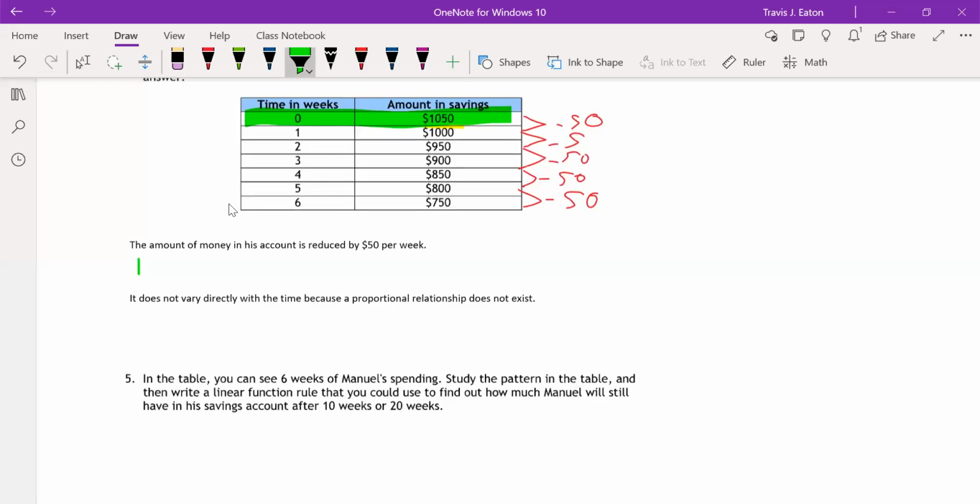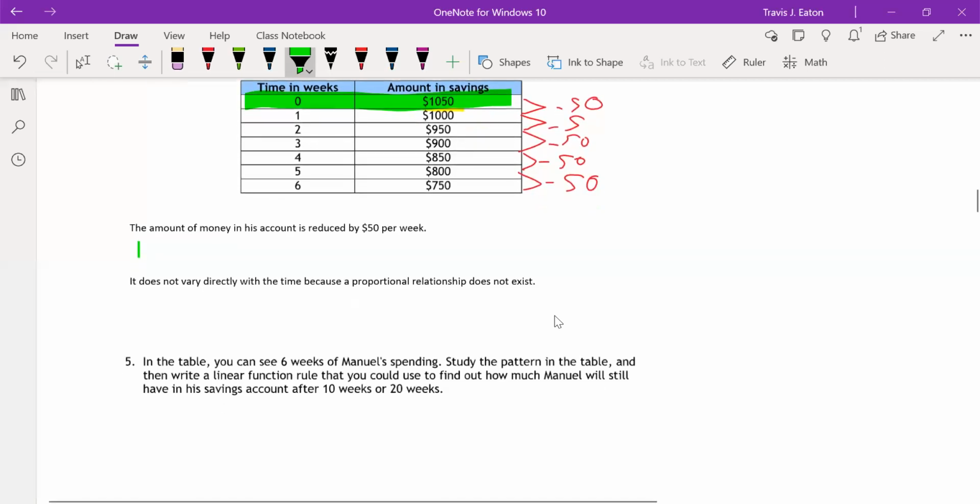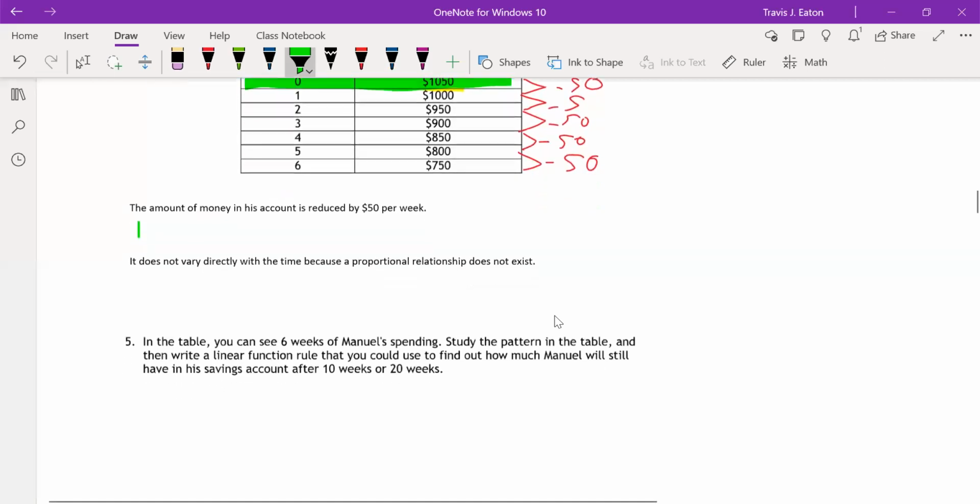So let's study the pattern in the table, and then write a linear function that you could use to find out how much money Manuel still has in his savings account after 10 weeks or 20 weeks. So I guess what we should do is come up with an equation to represent the situation. Correct?